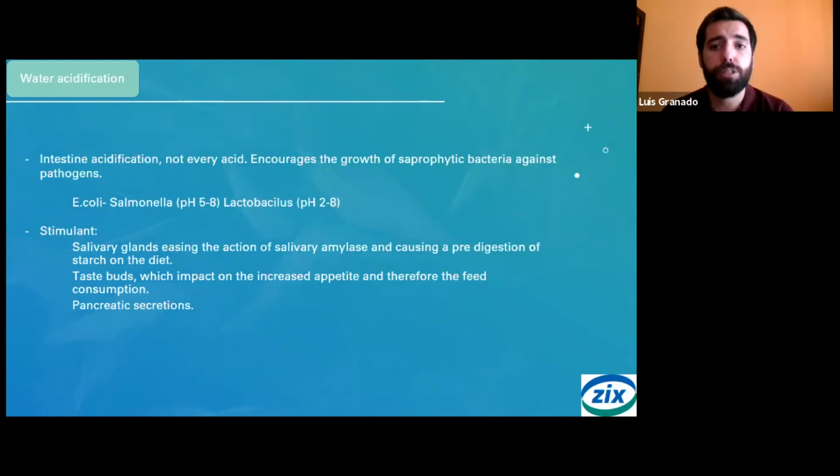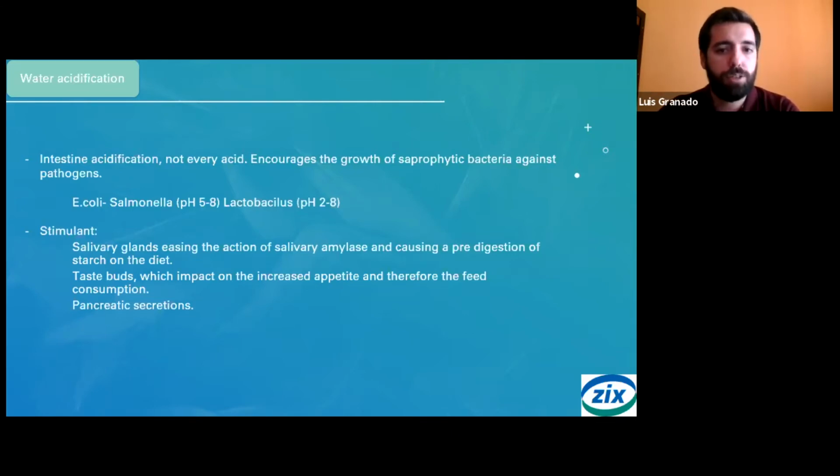We can acidify the first parts of the small intestine with certain acids, and that will encourage the saprophytic bacteria that will be able to grow under these acidic conditions in front of some pathogenic ones that will not be able to proliferate or to grow in a more acidic environment. For example, both E. coli and Salmonella are well compromised out of their comfort pH, which is between 5 and 8, okay? And for example, Lactobacillus has a bigger margin from 2 to 8, so it finds itself all right in a more acidic environment.